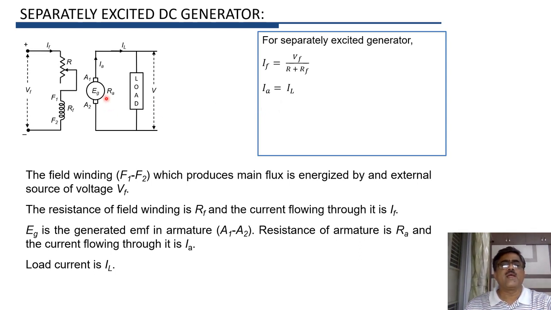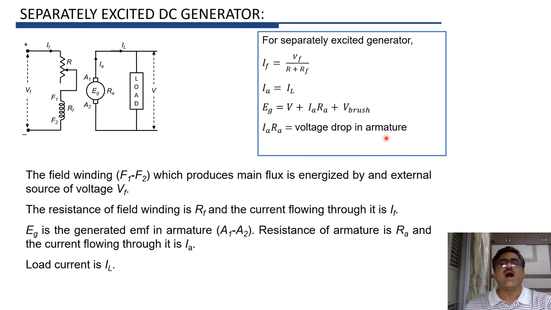Now if you apply Kirchhoff's voltage law to this loop, then the generated voltage EG will be equal to terminal voltage V plus voltage drop in armature plus voltage drop across brushes. Now voltage drop in armature will be IA into RA, and therefore we can write EG, that is generated EMF in armature, is equal to V, that is terminal voltage, plus IA RA plus V brush.